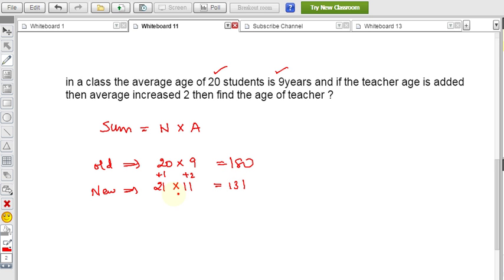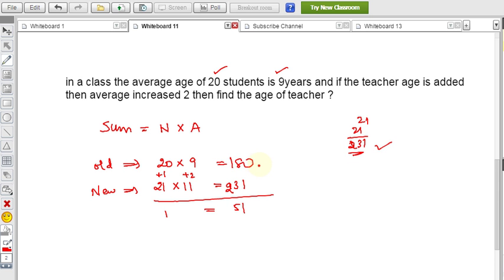From the total we can subtract the previous. The teacher's age will increase the total, so the age also will increase. 21 into 11 is 231, minus 180.